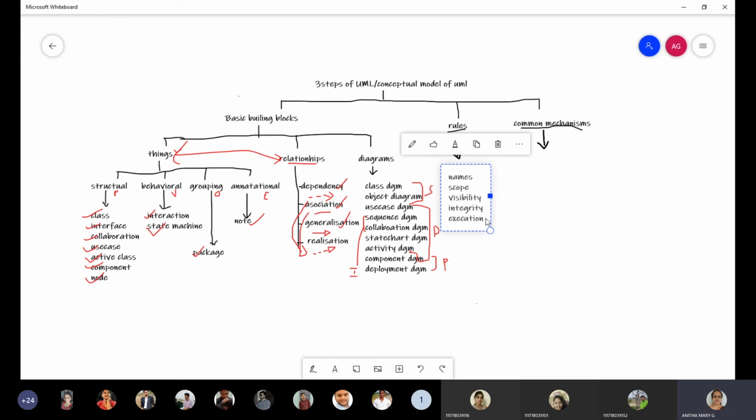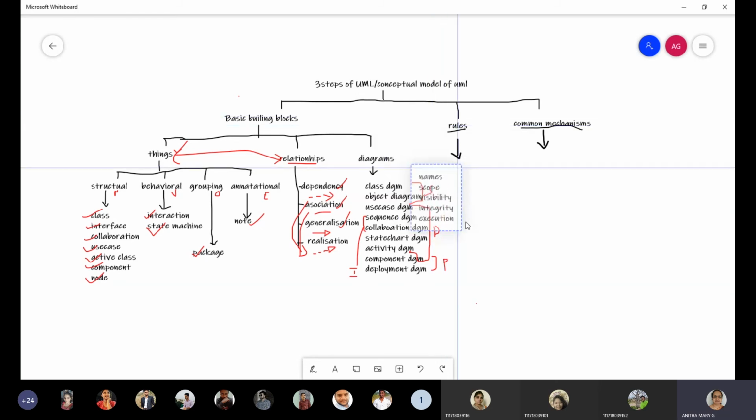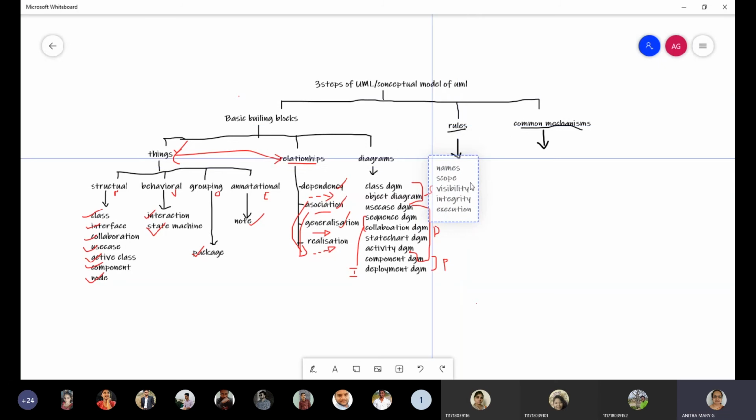Based on all 5 rules, the development teams not only build models which are well formed, but also models which are elided, incomplete and inconsistent. Make a note of it.